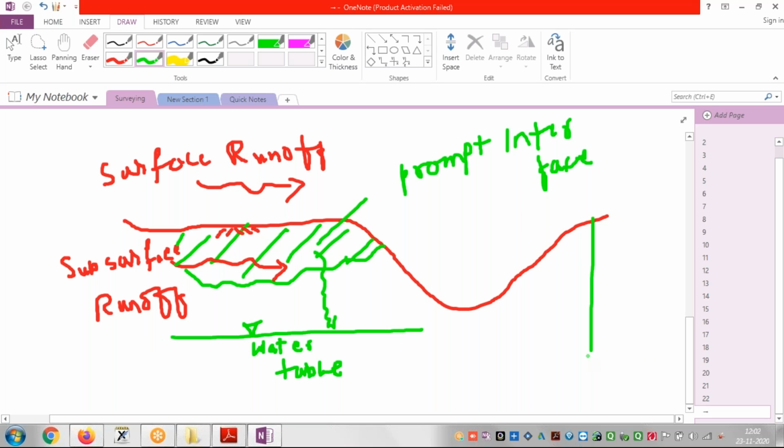Suppose there is a well. If the water table meets this, you will see there is water in the well. So this water comes in the well because of the water table, right? So when the water below the surface goes to a very high depth and meets the water table, this is called base flow.